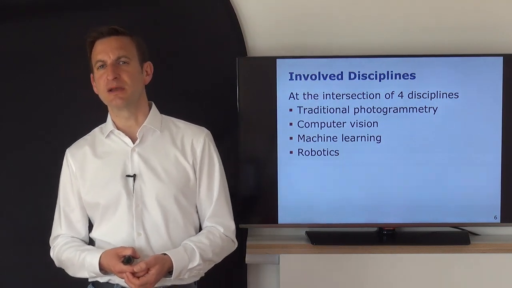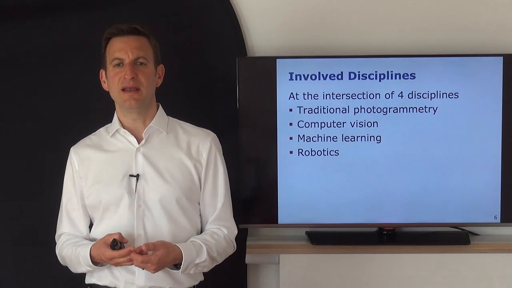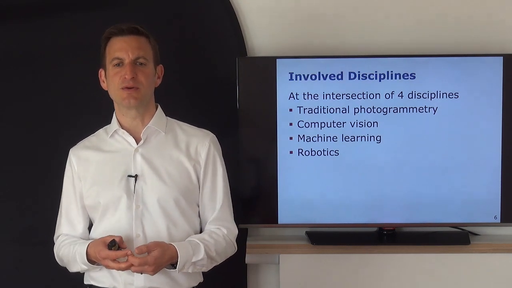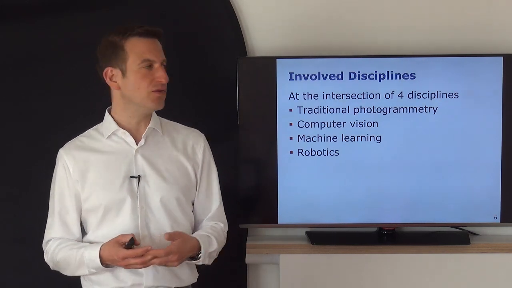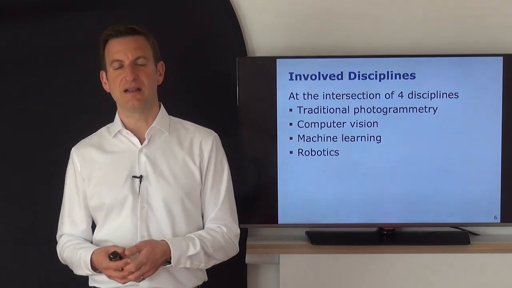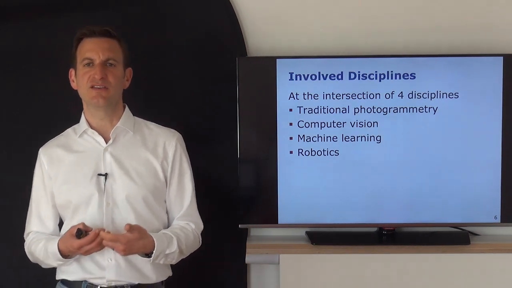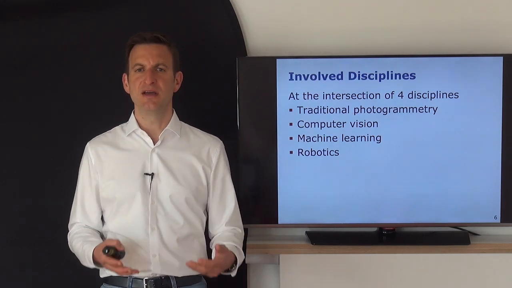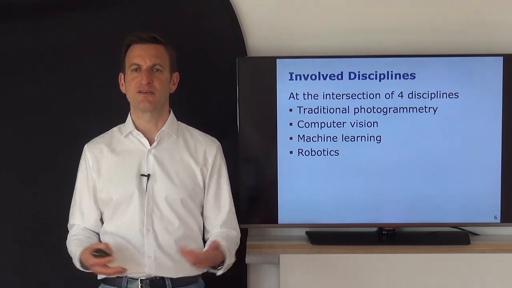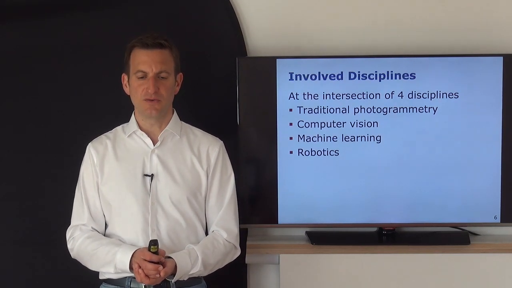Also today, machine learning plays a larger and larger role. Whereas 20 years ago you mainly needed machine learning for some interpretation tasks, and it was not that frequently used, by today a large number of problems that we're tackling here use machine learning techniques, as they are very powerful tools, especially for semantic interpretation, but even for solving certain parts of the geometric reconstruction task, we find learning techniques being used today.